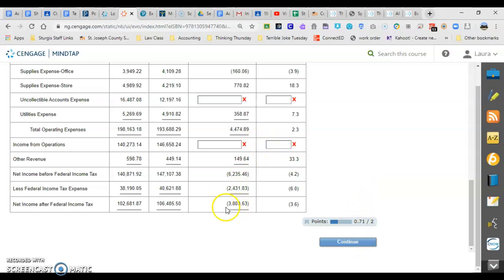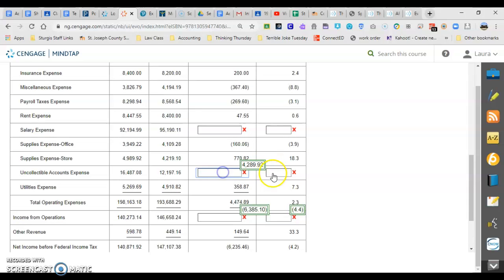Okay, so our net income after federal income tax went down by 3,803.63, so 3.6% down, which isn't good. Our income from operations was less, went down 4.4%.